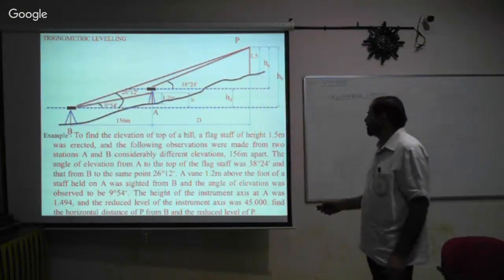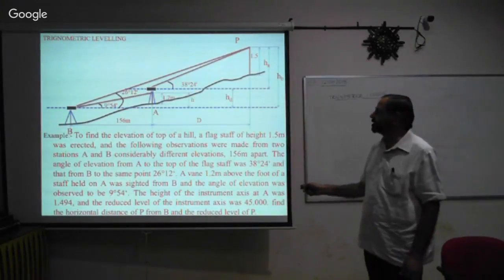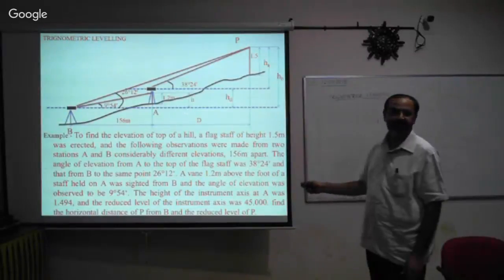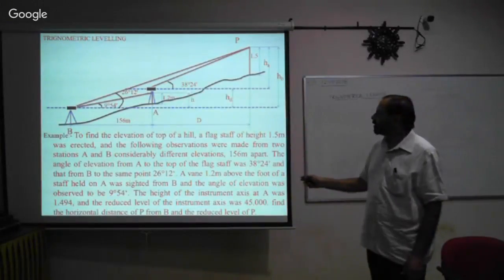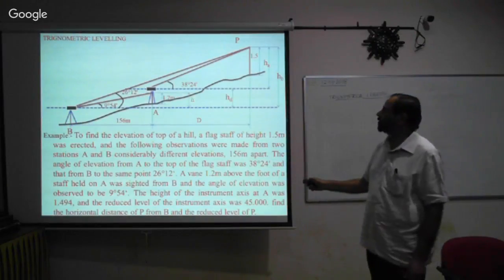Please understand, this is where you are confused. See, this H is calculated from H equal to V tan alpha.